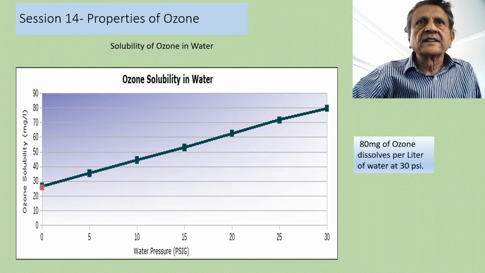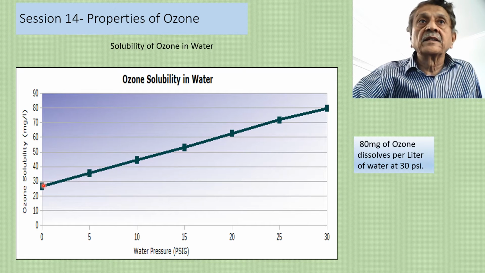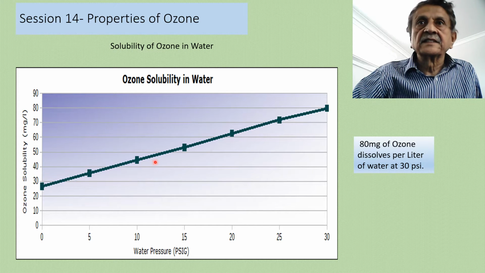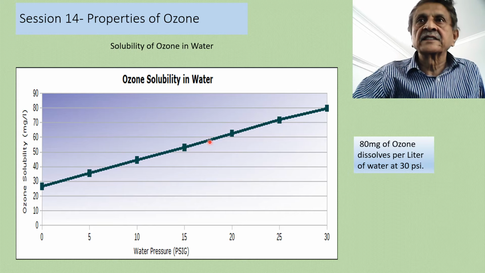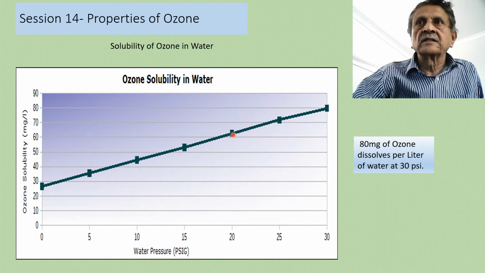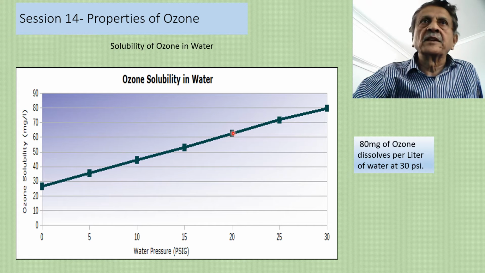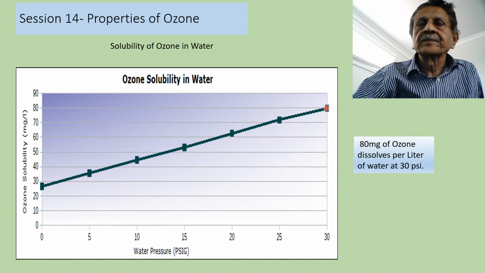You will notice that at about atmospheric pressure, you have about 30 milligrams per liter solubility, and it increases as the pressure is increased, and at about 20 psi, the solubility is about 60 milligrams per liter, and about 30 psi is 80 milligrams per liter.